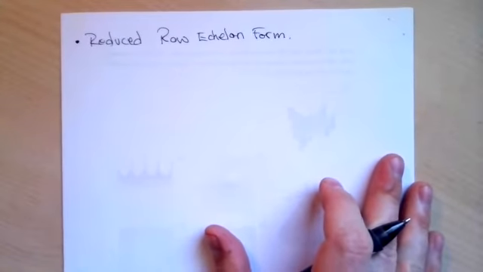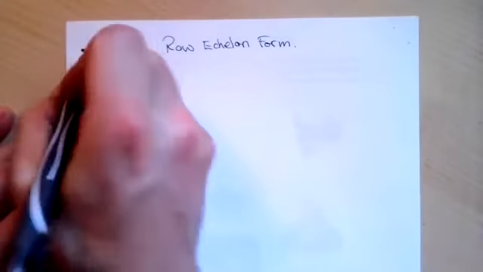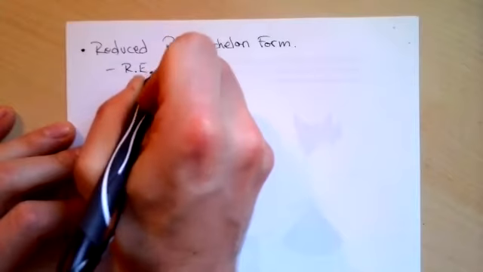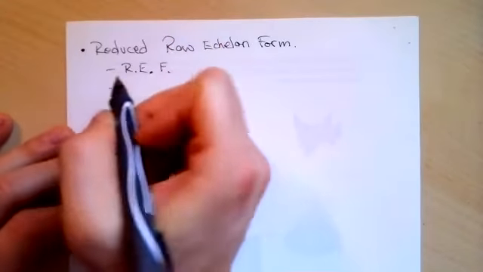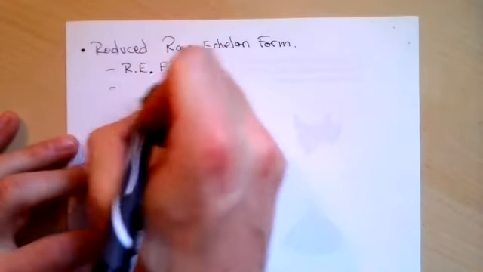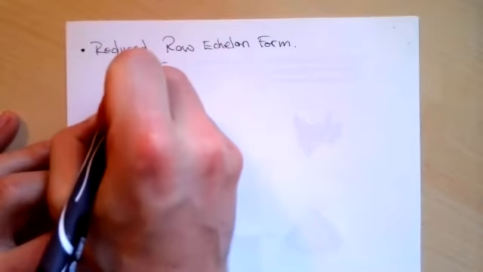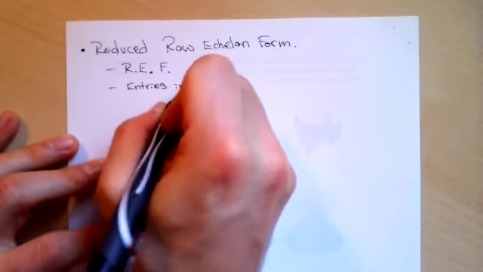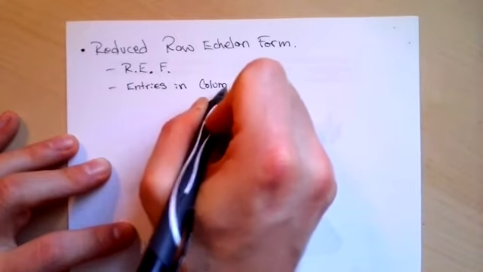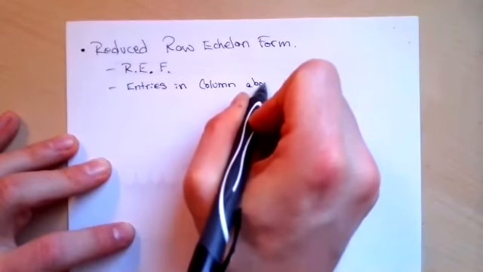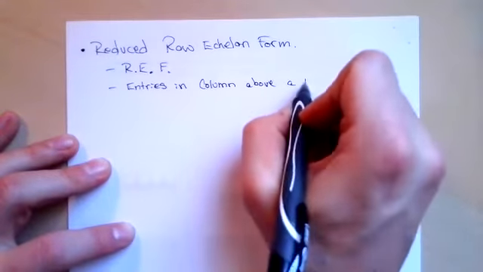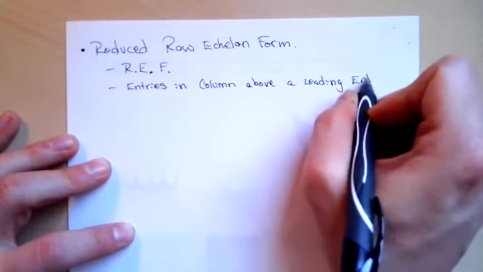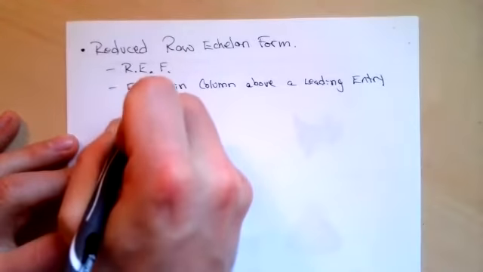So reduced row echelon form is just row echelon form, which I'm just going to abbreviate REF, with one other condition: that the entries in a column above a leading entry are also 0.